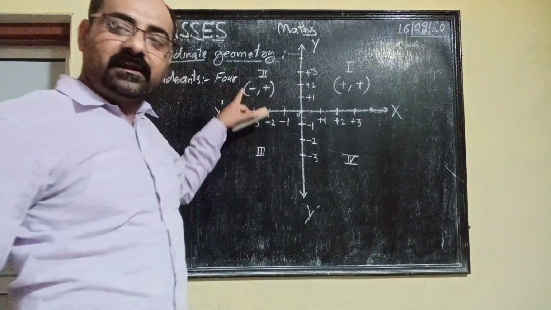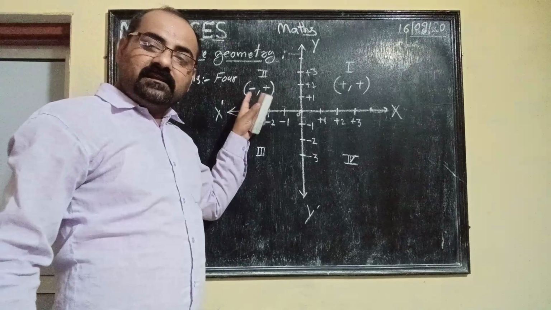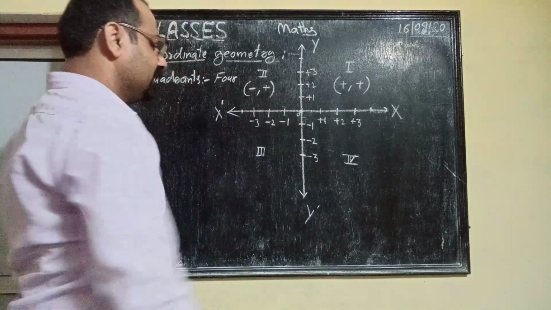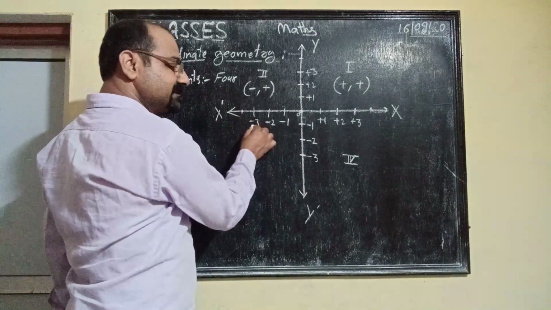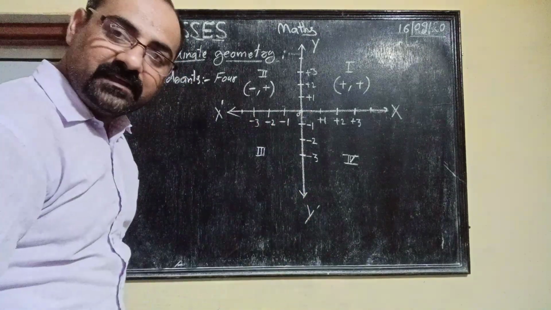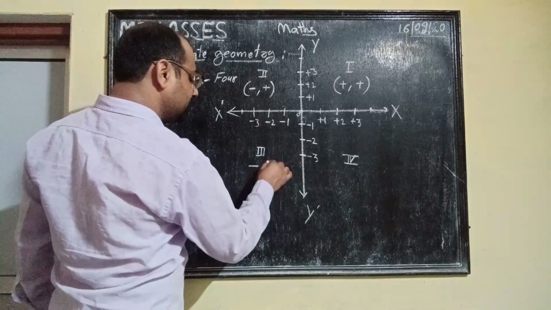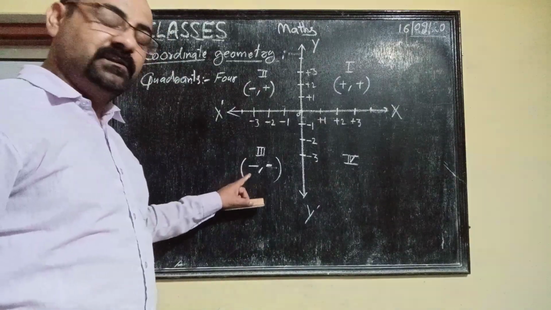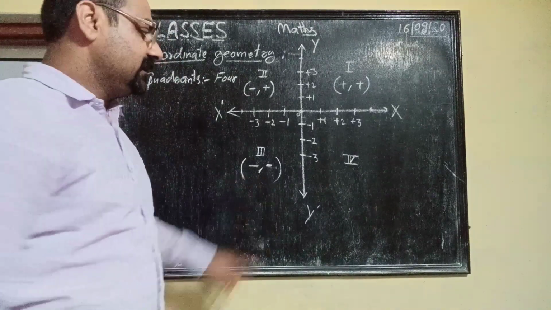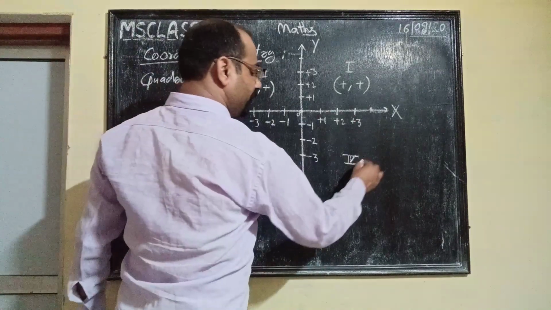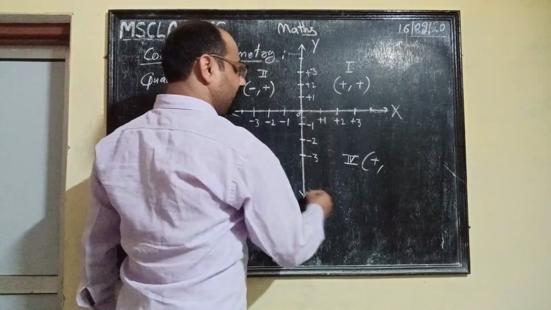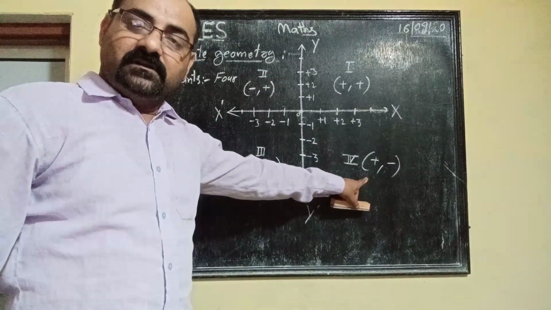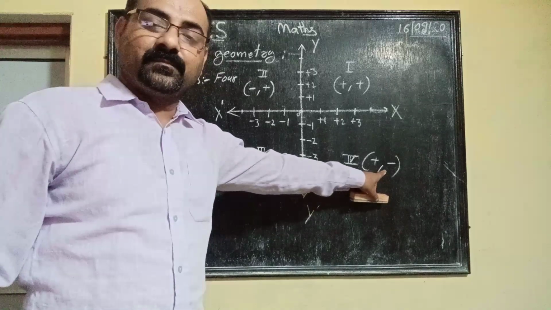So in the second quadrant the value of X is negative and value of Y is positive. In the third we see the value of X is negative and value of Y also is negative. So both coordinates will be negative. Right. So both the values of coordinates are negative. And in the fourth quadrant we see the value of X is plus and value of Y will be minus. So these coordinates have different signs. This is plus and minus.